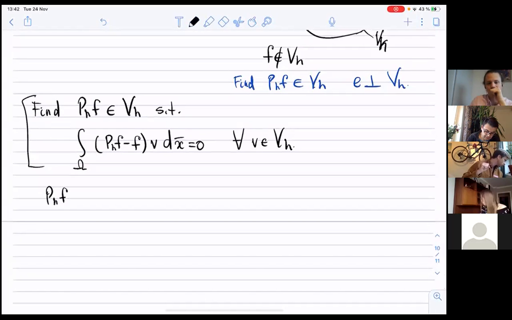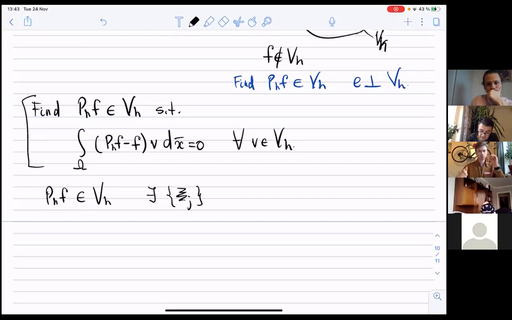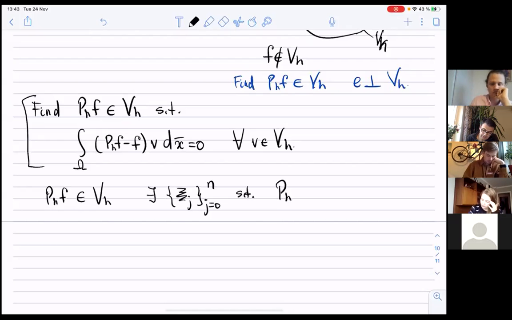As we do in the finite element formulation, since this object is from the finite element space, there exists a sequence of coefficients, I call them psi_j, j from 0 to n, where n is the number of nodes, the number of vertices we have in this triangulation, such that P_h f is written as a linear combination, sum over j equal to 0 to n of psi_j phi_j of x.